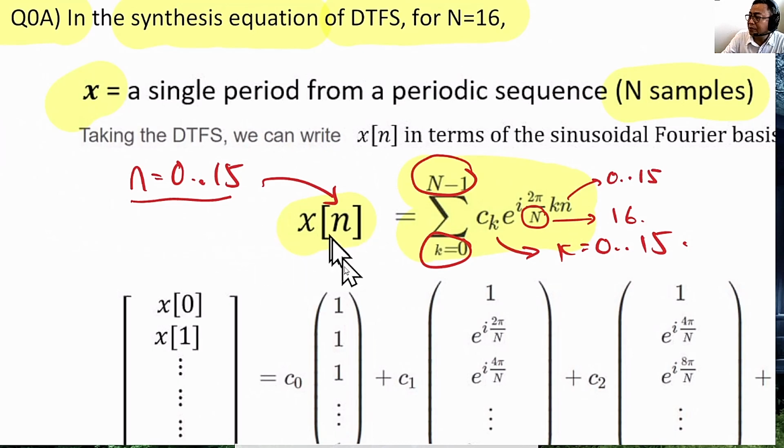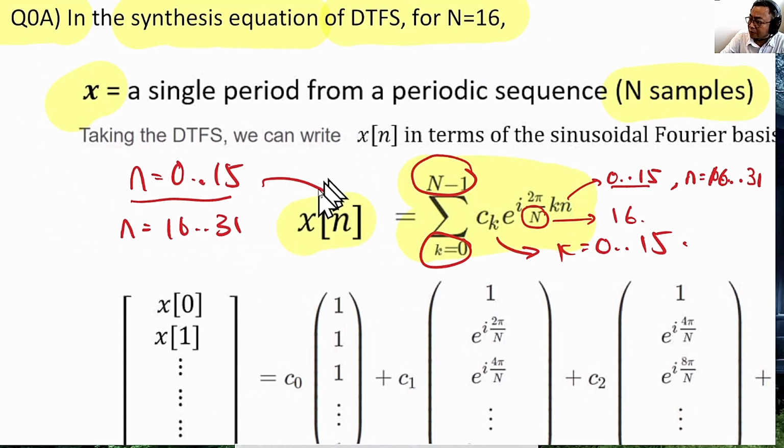And then you might be wondering, if we are going to put n equals 16 to 31, then what happens? Then similarly, here we will put n equals 16 to 31. And it doesn't matter, because whatever n you put, it is the same n here.